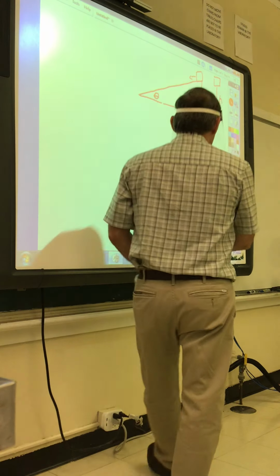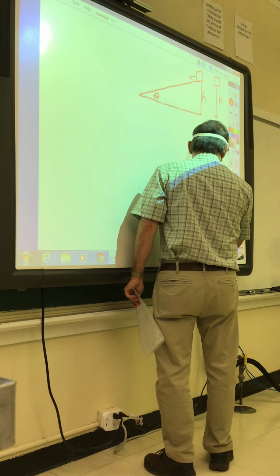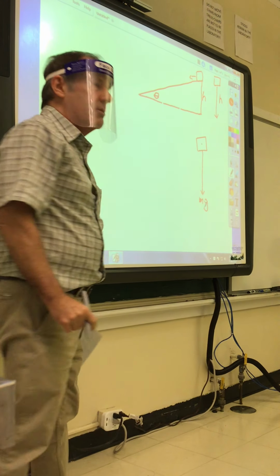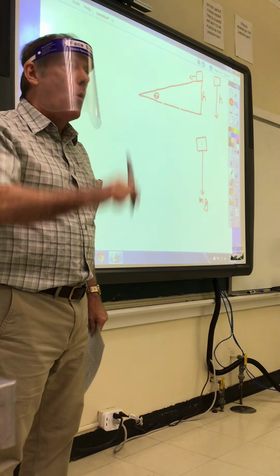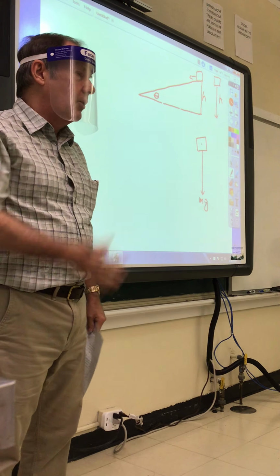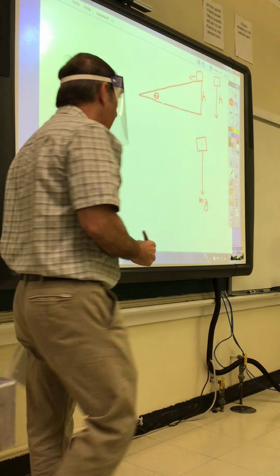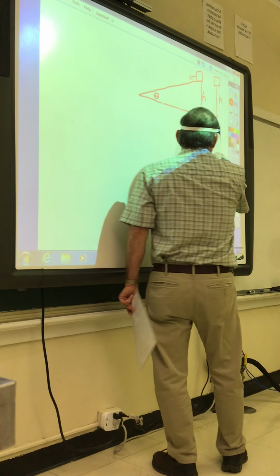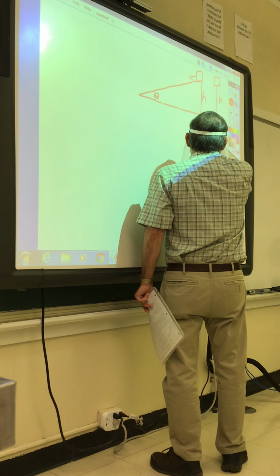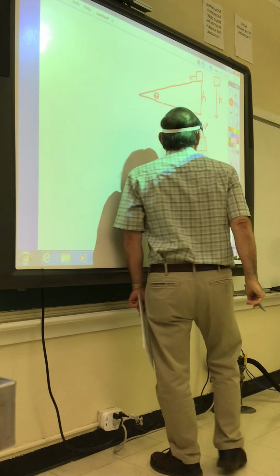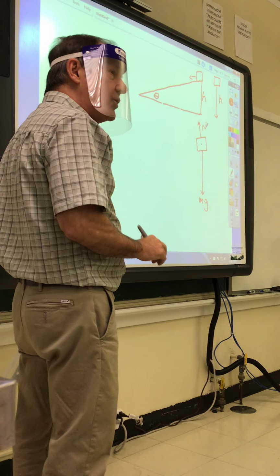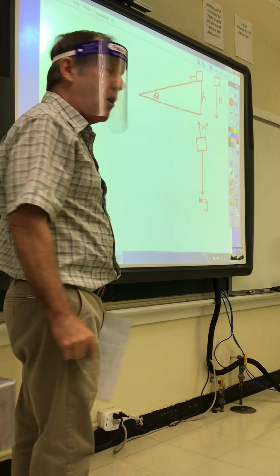And this is always mg. Mass times gravitational acceleration, that always goes straight down, right? Whatever the incline is, it's always straight down. But if it's inclined, we also have a normal, of course the normal force is going this way. That's always perpendicular to the surface that the object is resting on.